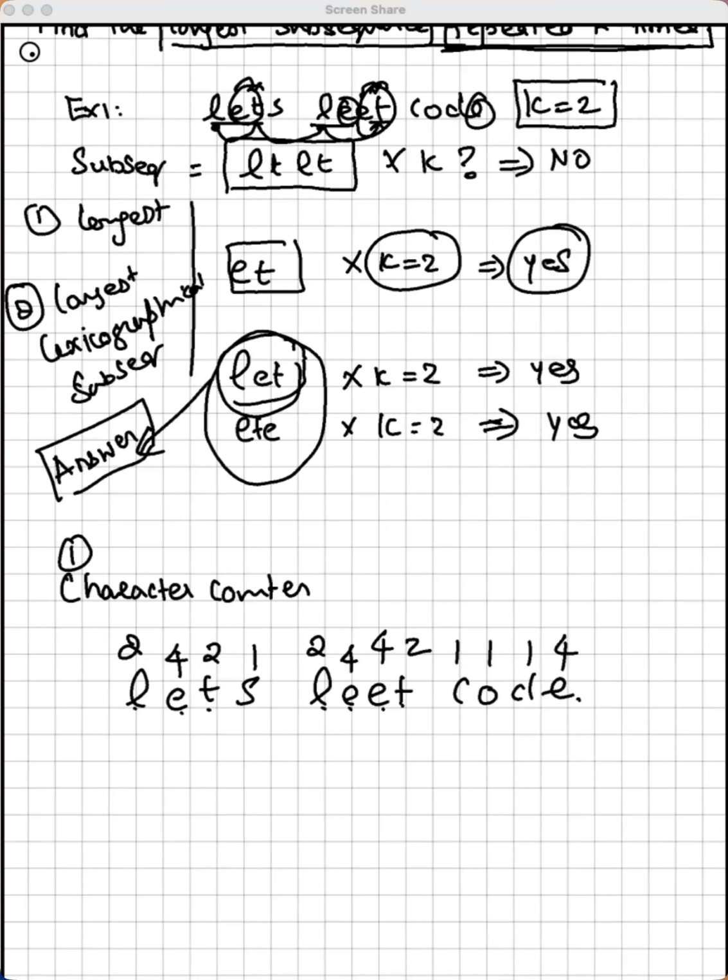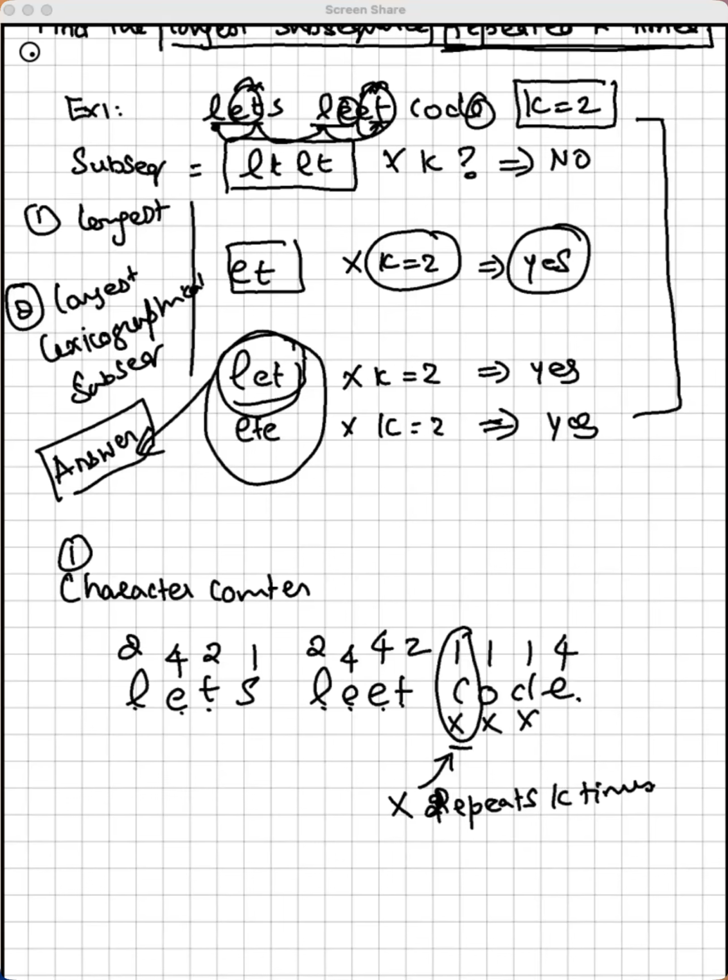Now as you might have seen in these earlier examples, I did not use C, and that's because its count is less than the repeat count that I have. What that means is that using C, I can never generate a subsequence that repeats k times. And so there's no point even considering these characters for our subsequence generation.